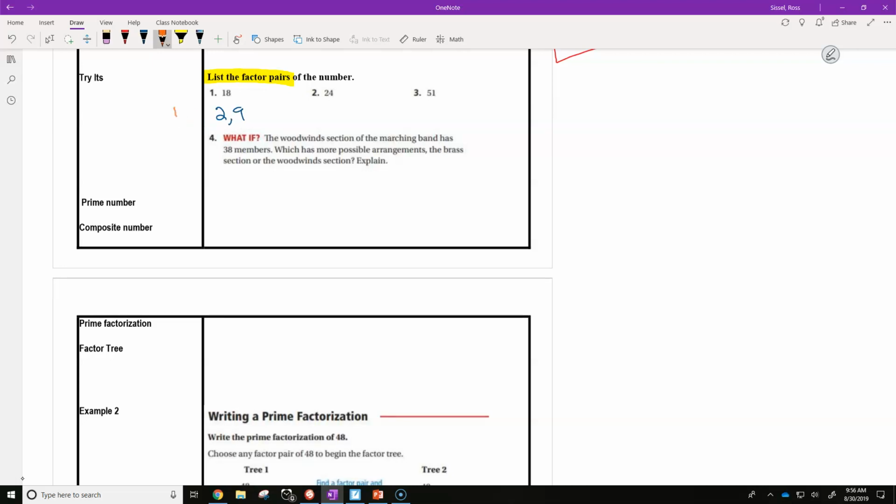So we said 1 and 18, 2 and 9, 3 and 6. And that's all. 4 to 4.5, if we went to decimal, but we're only working with whole numbers now.